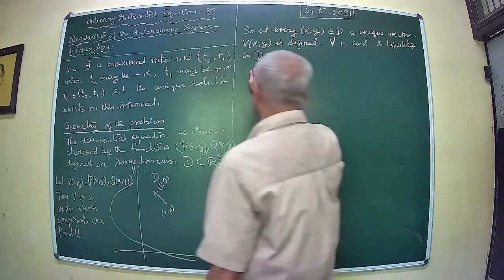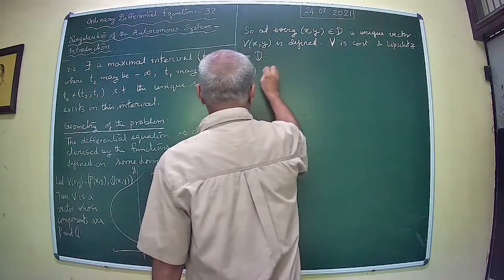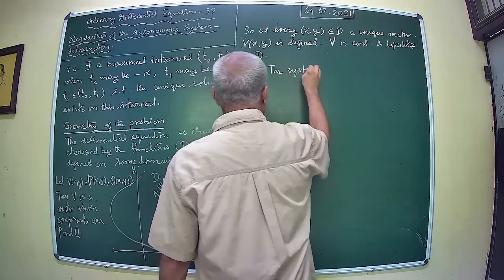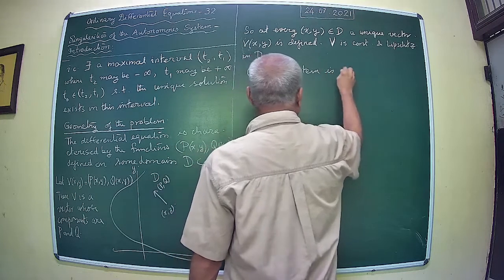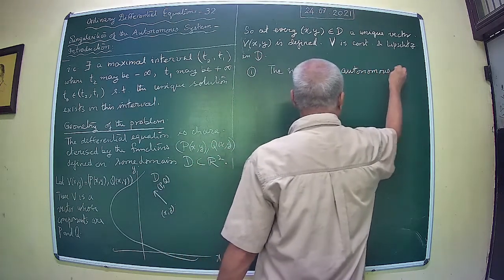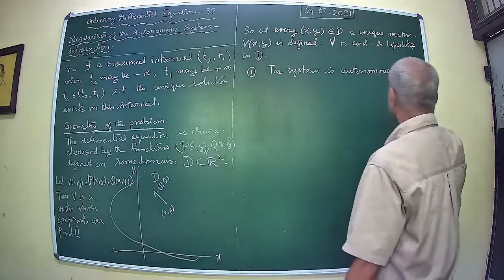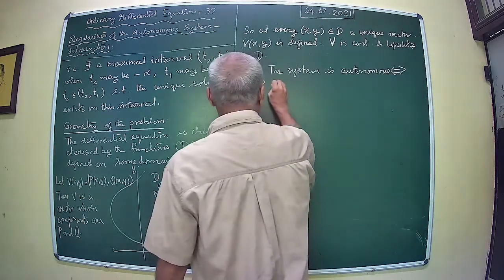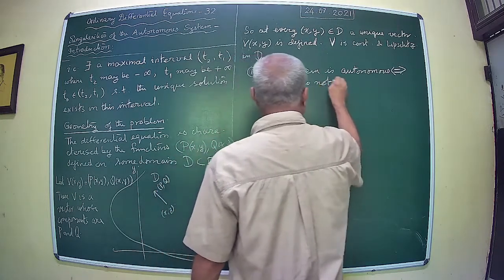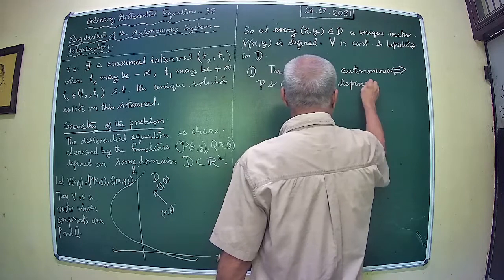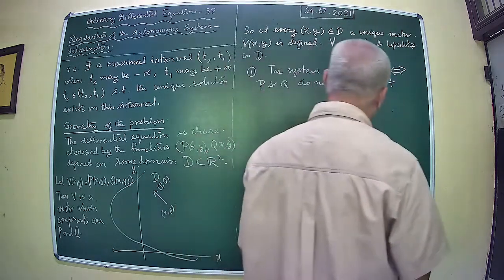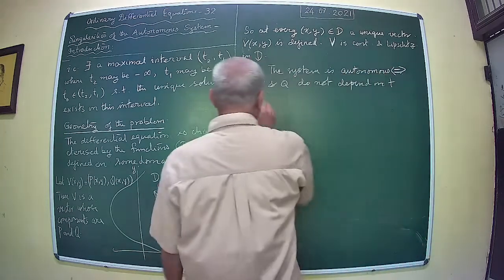First of all, the system is autonomous, which implies P and Q do not depend on t explicitly.